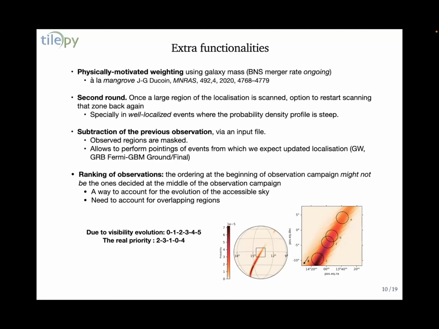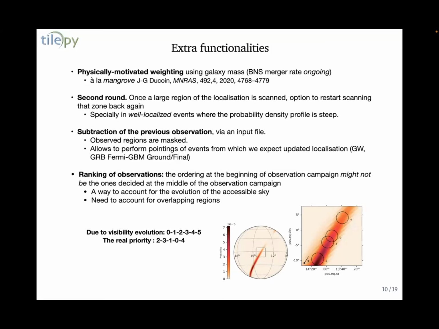And then this last feature of ranking the observations is very useful when you are actually scheduling for shifters. For instance, I put here this example. Due to the evolution of the field of view that is accessible at a given time, this is evolving during the night.